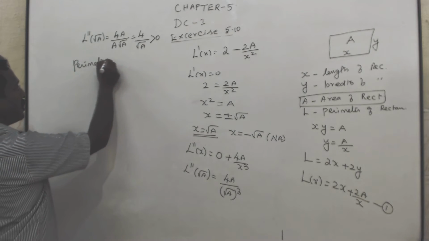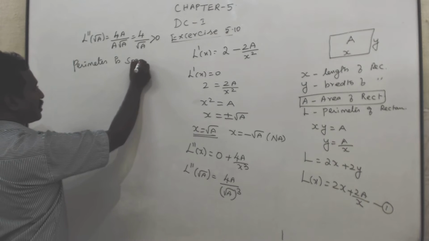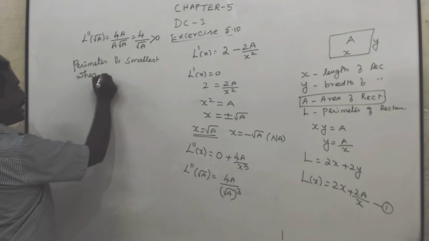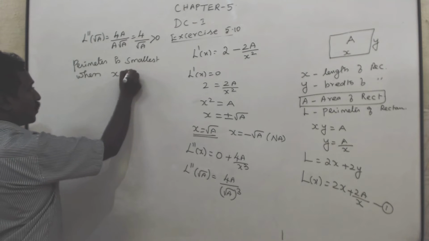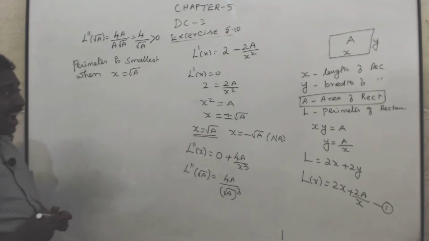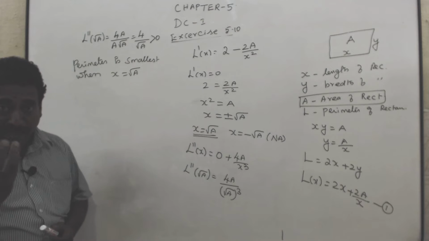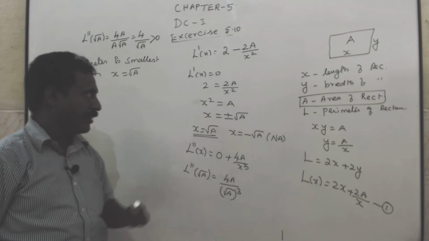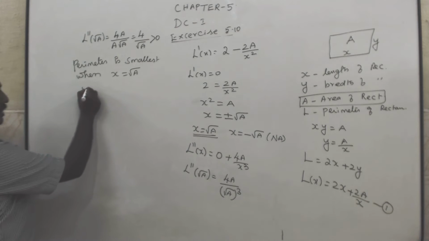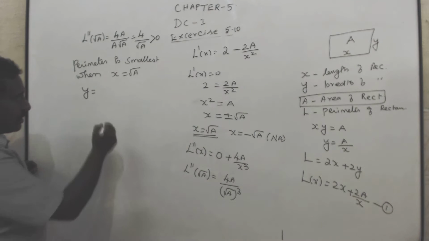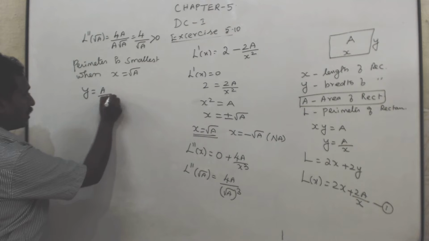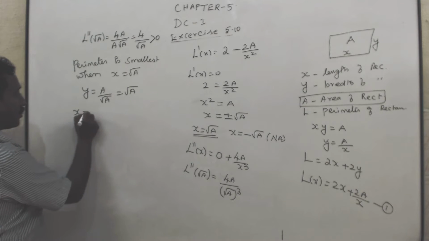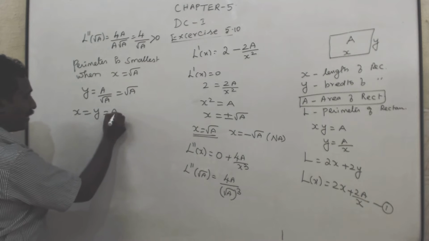Perimeter is smallest when x is equal to root a. But they ask for the dimensions of the rectangle. We know the length, you have to find the breadth. Y is equal to a by root a, equal to root a. Therefore, length equal to breadth equal to root a.